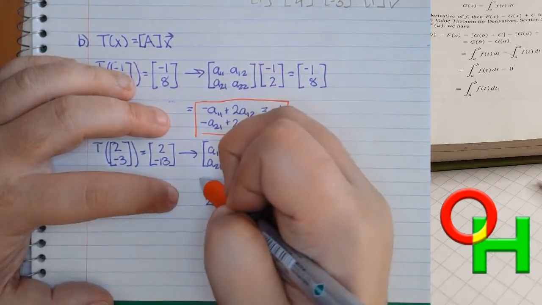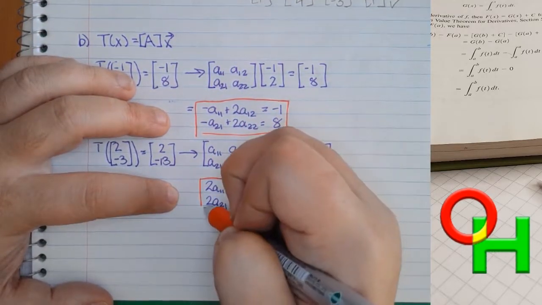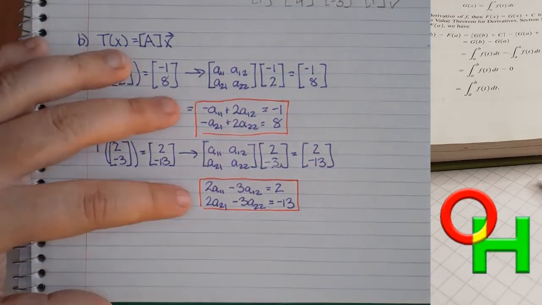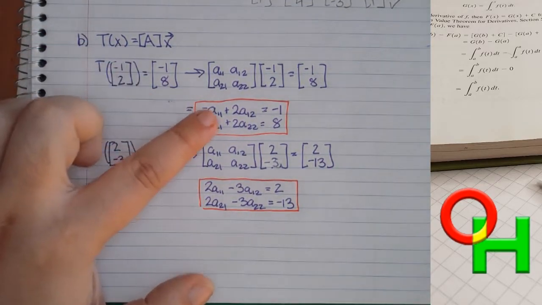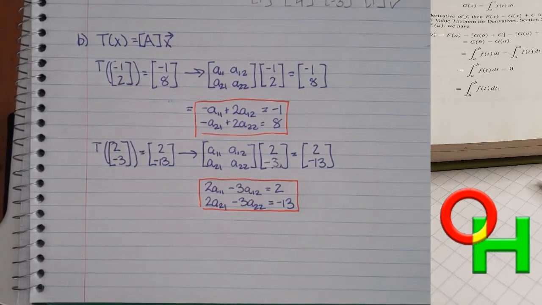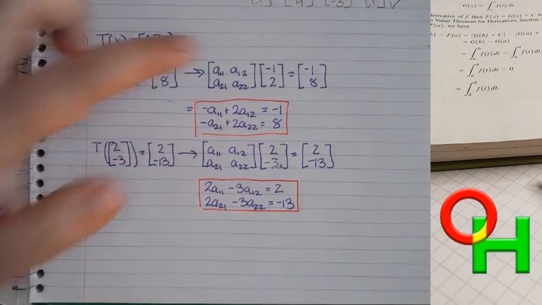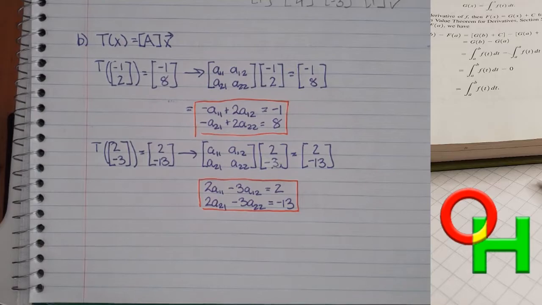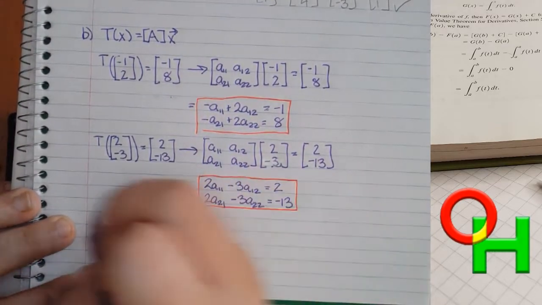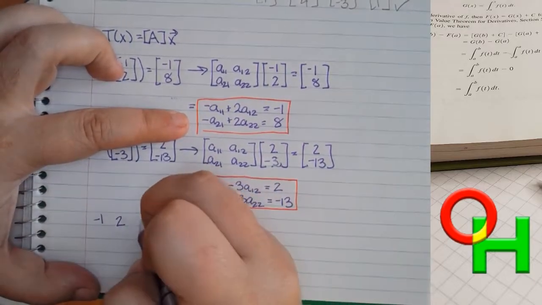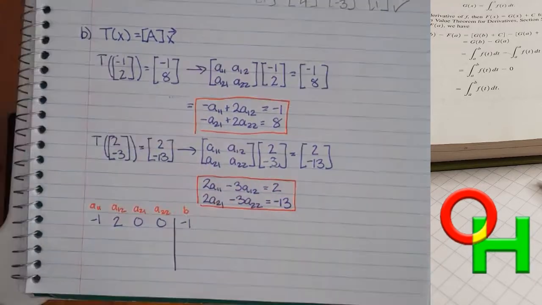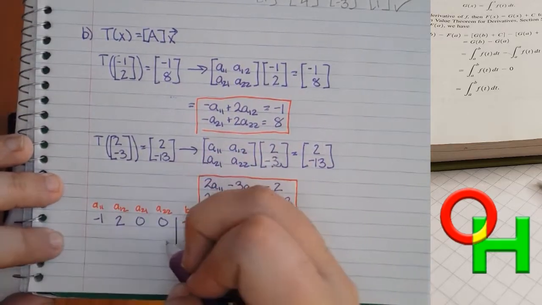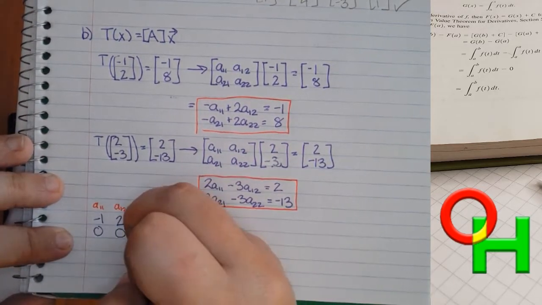What we can do is set up a matrix with these 4 equations to find the solution set for a11, a12, a21, a22. When we find that solution set, it's going to tell us what matrix A is, so that I can then perform the transformation. The first equation would be -1, 2, 0, 0, and then -1.